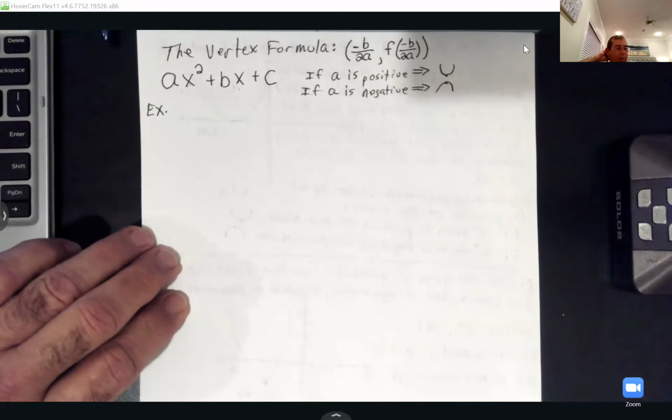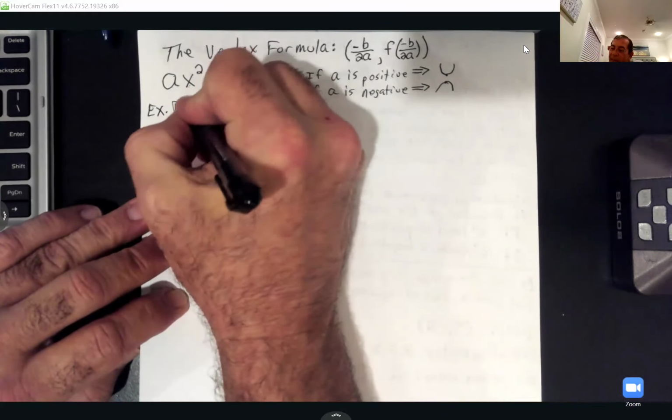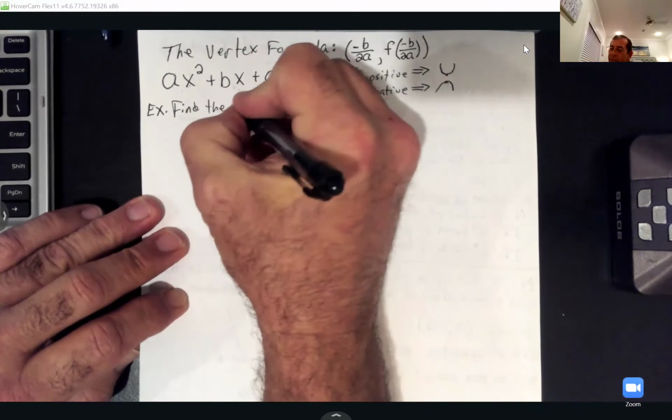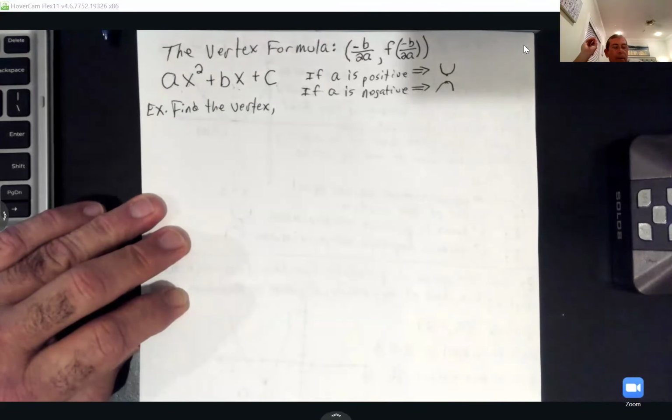So let's play with one of these. The first thing they'll want us to do, we're going to find the vertex. We're going to find the axis of symmetry. Now, sometimes they might say line of symmetry instead of axis of symmetry, but it's the same thing.